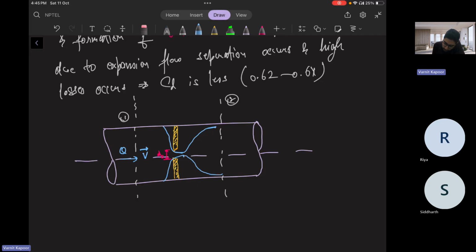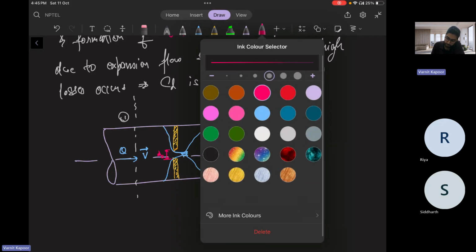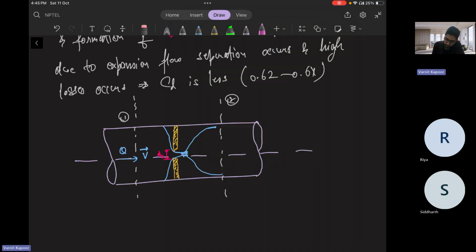So here the formation of vena contracta happened. Let us take some other color. Okay, and let us suppose this section is C, section C for vena contracta.